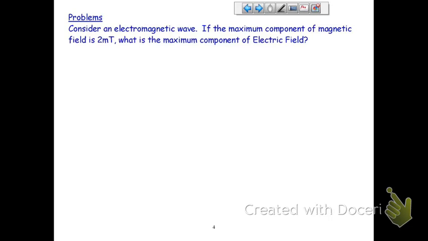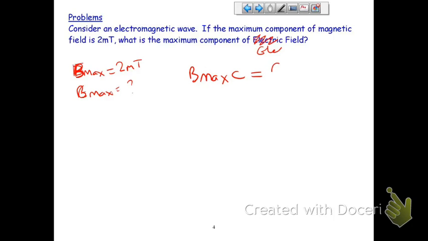Consider an electromagnetic wave. If the maximum component of magnetic field, B max, equals 2 millitesla, what is the maximum component of electric field, E max? I did the same thing last year, it's interesting. So we said B max times C is equal to E max.